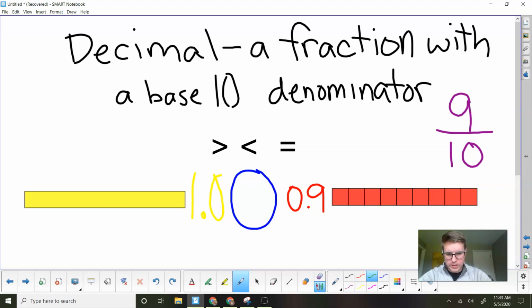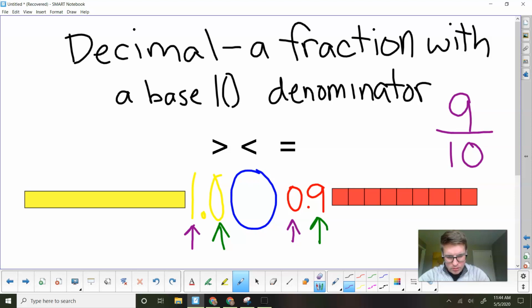So let's look at my biggest place value. In these two numbers, they both have tenths. See that? And they both have a digit in the ones. Now, look at my decimal, 0.9.